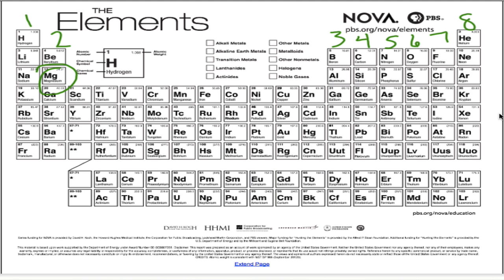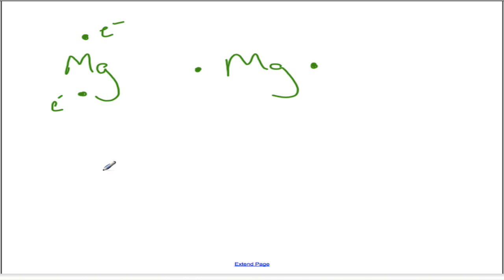If I go back to the periodic table and take a look at a different element, let's take nitrogen, for example. Nitrogen is in group 5, so it should have 5 valence electrons. Nitrogen is just N. I usually like to start top to bottom. So there's 1, 2, and then I go left to right, 3, 4, and then I just repeat.